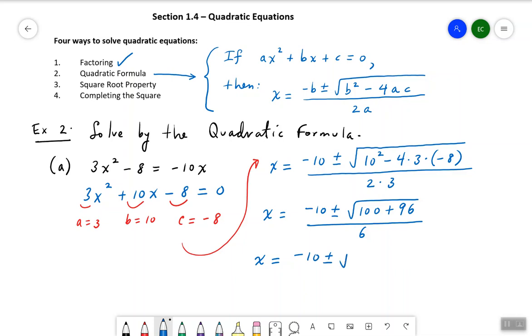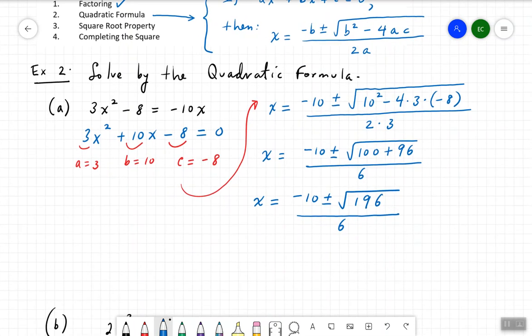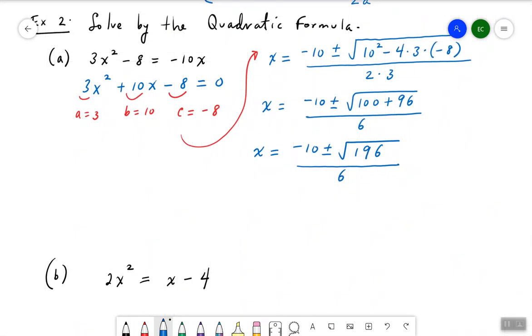So we can go ahead and write that as 196 underneath the radical. And then the square root of 196 is going to be 14. So we'll have negative 10 plus 14 over 6, or negative 10 minus 14 over 6.